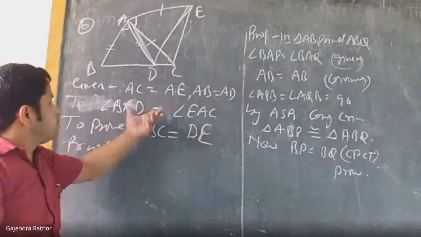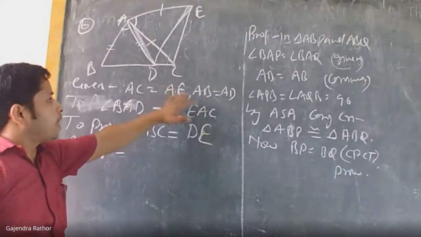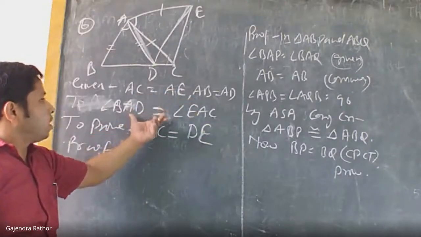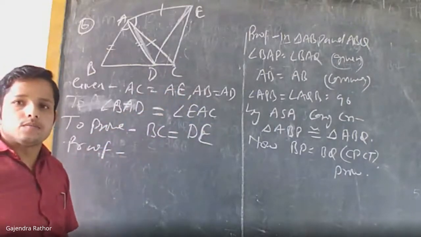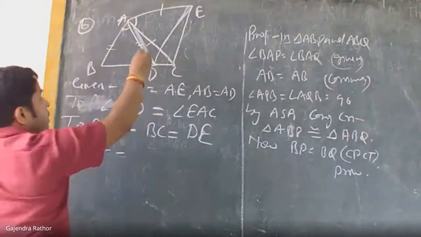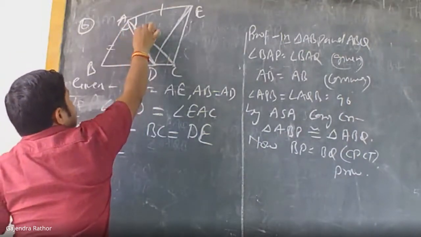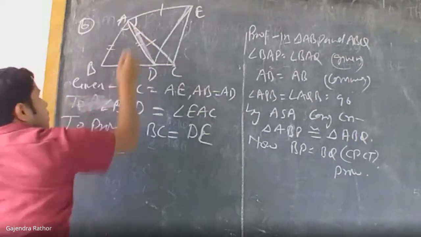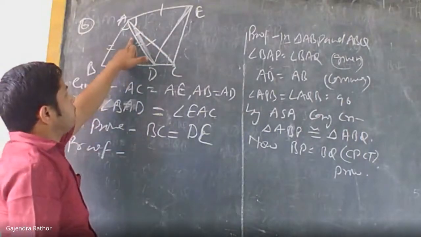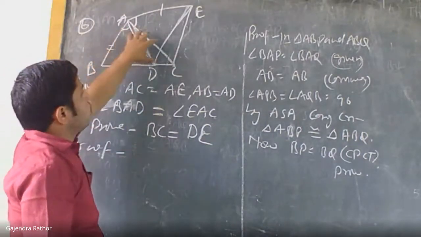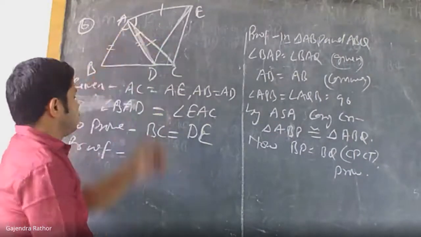Two parts we already have, 1 and 2. Now for the third part, what will we do? We see that this angle is common between this triangle and also this triangle.